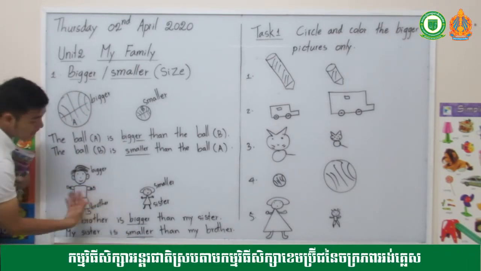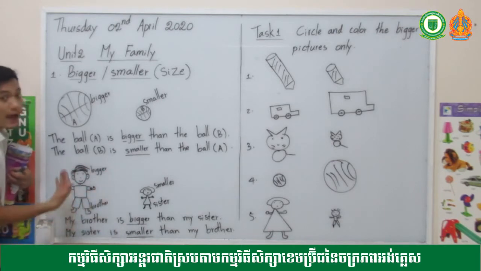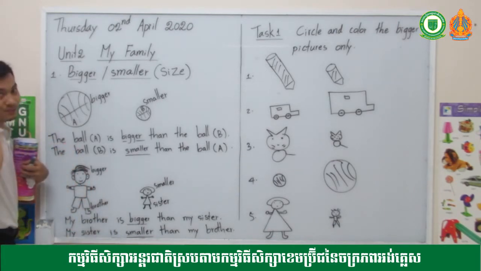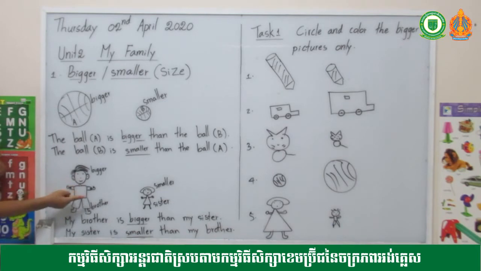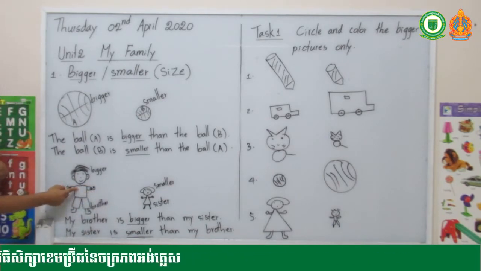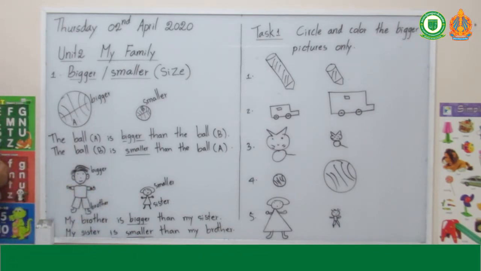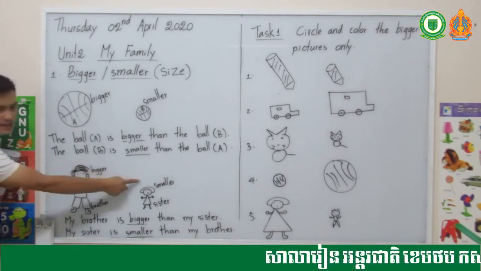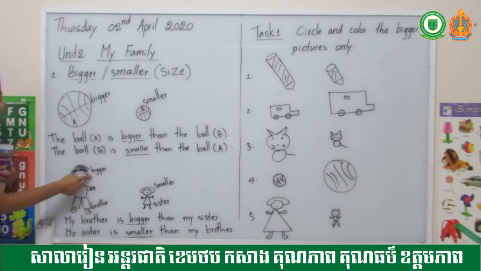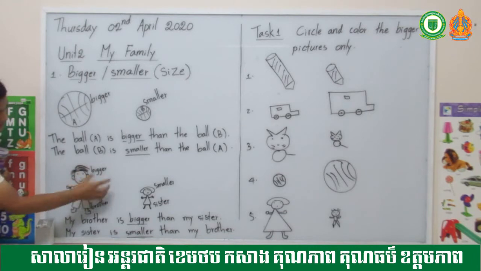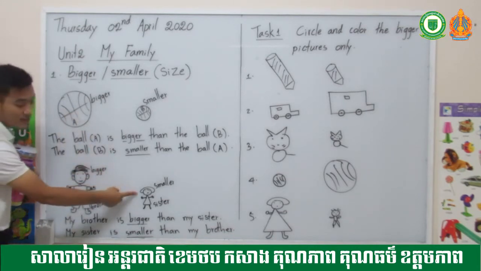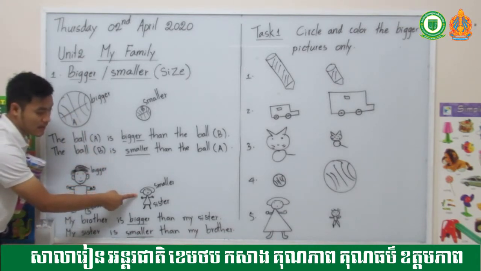Look at their size. I know you have your own answer in your mind. So which one is bigger? Sister? No. Brother? Yes. The brother is bigger than the sister.